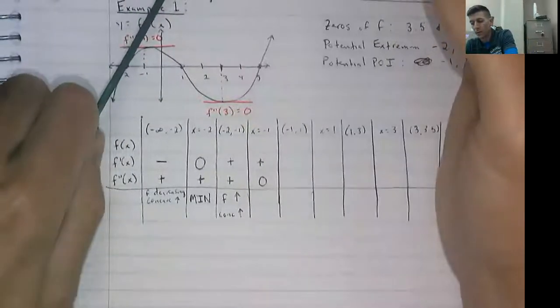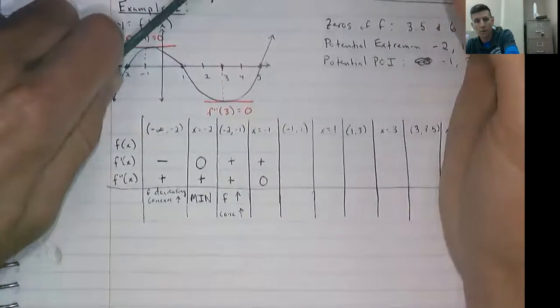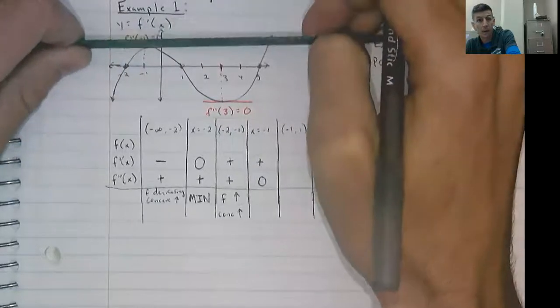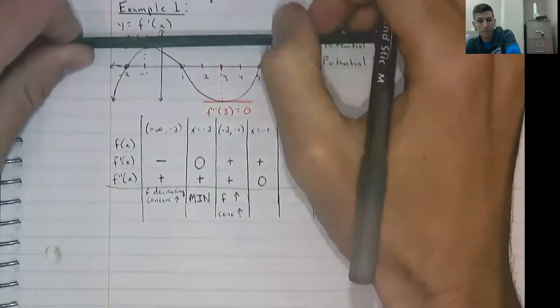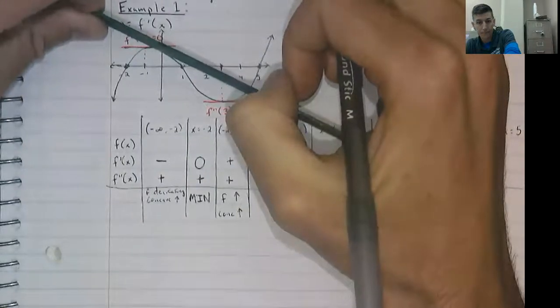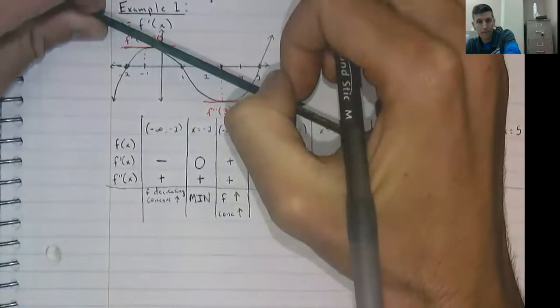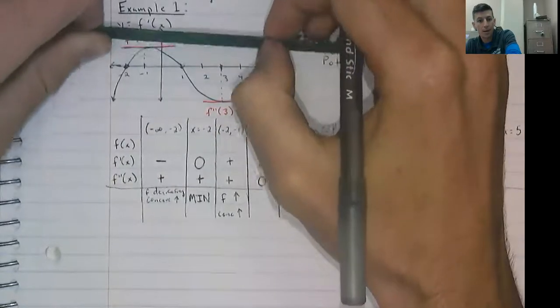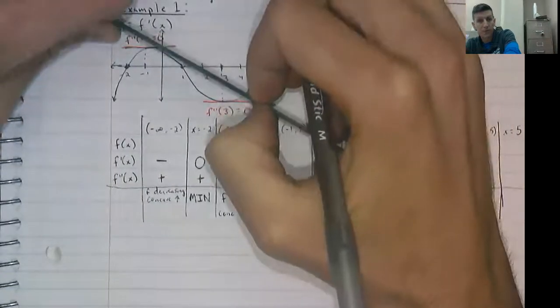So picturing this, we've been rotating clockwise, clockwise, concave up, concave up, concave up. We pause. And now yeah, now that derivative has changed signs. Okay.